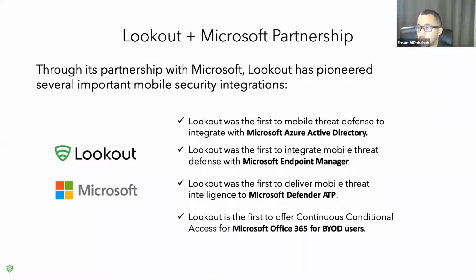As we will see in the next few slides, some of the areas will be addressed by Microsoft through the DLP part, and some will be addressed by Lookout, especially related to malicious activities and phishing attacks, and how we complement each other as a jointly offered solution.